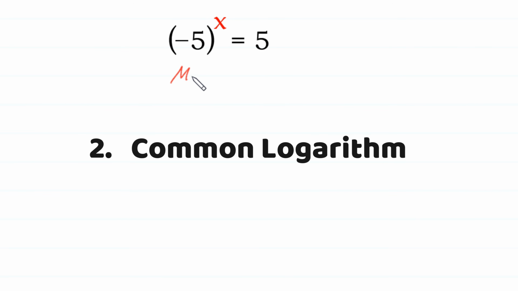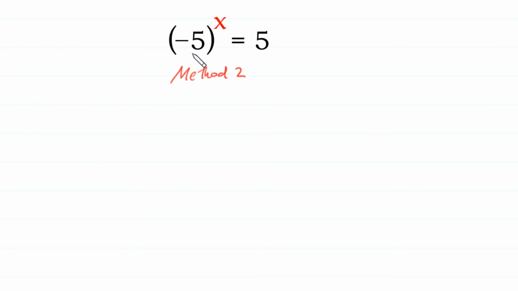Now we solve it by method 2, by common log. You can write this negative 5 to the power x as negative 1 times 5 whole to the power x is equal to 5.